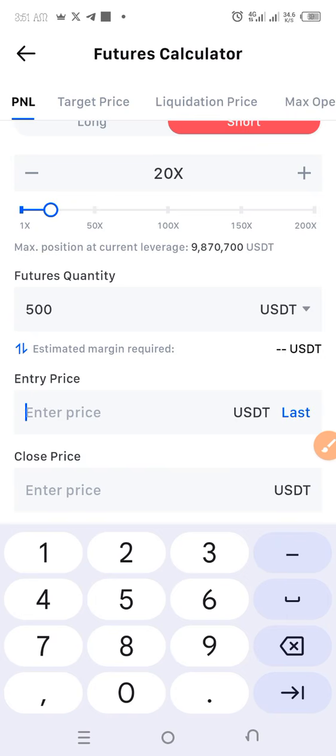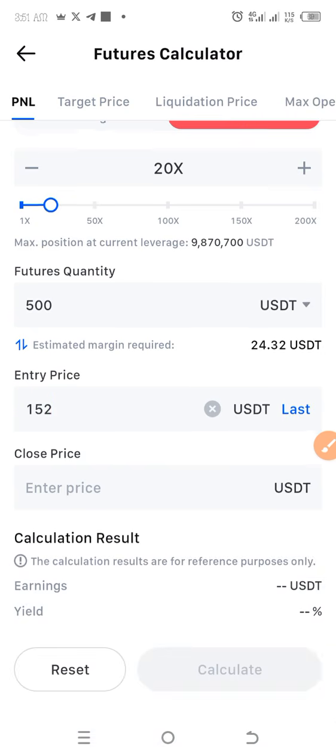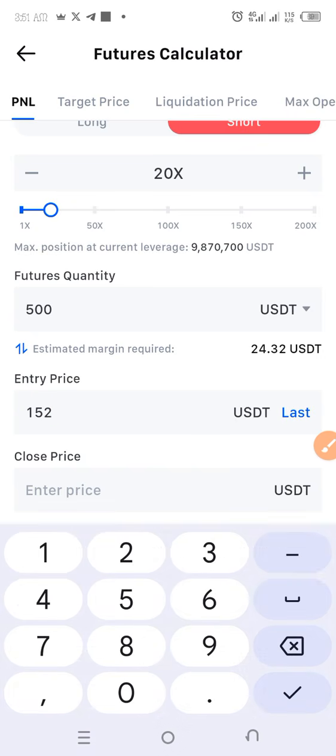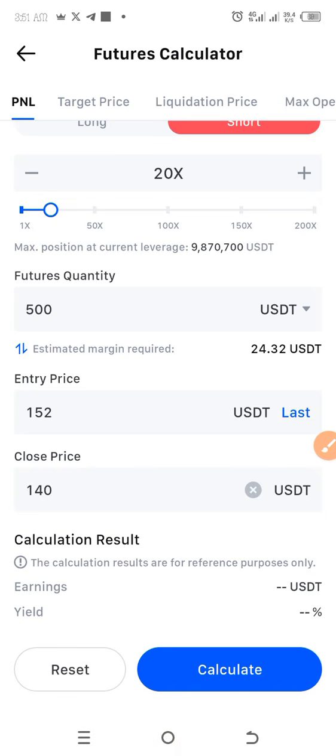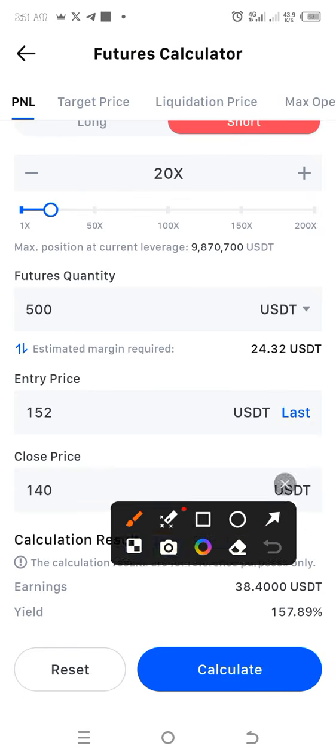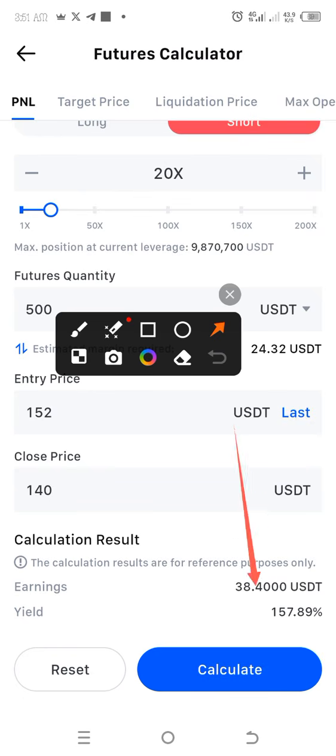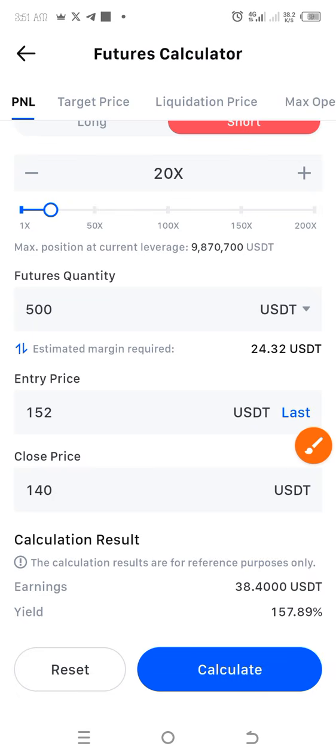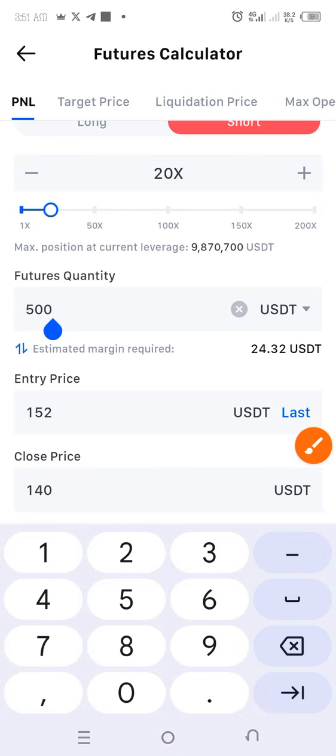We enter at 152, and for the exit price, let's say we put our take profit, remember this is short, at 140, and look at the price. Let's calculate how much profit. Look at it. You will have made almost 138, and let's say you have a small amount of $100.